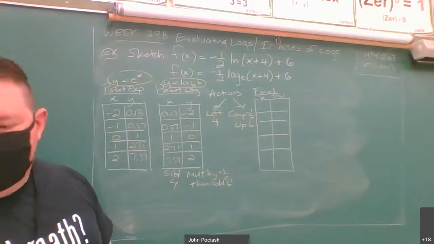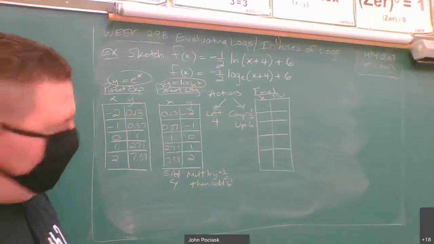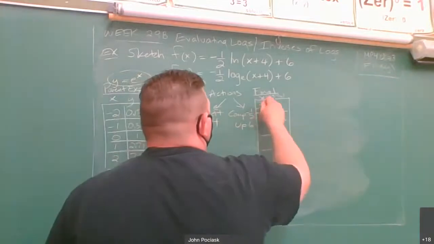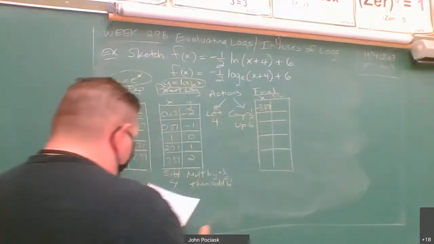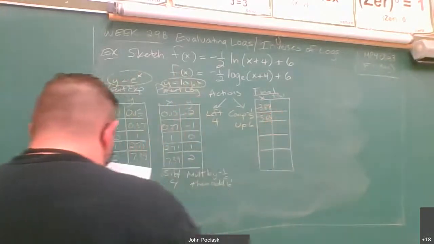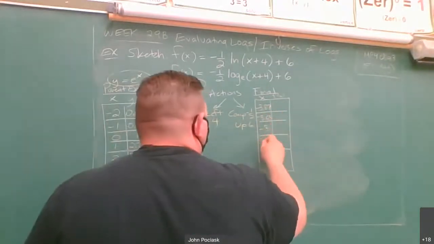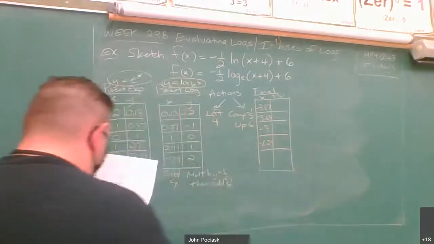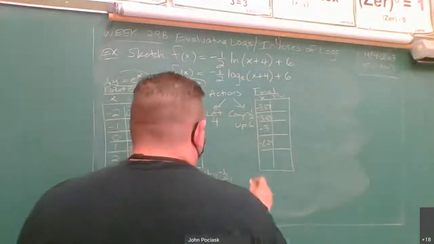And I did this. You have -3.87, -3.63, -3, -1.29, and 3.39.